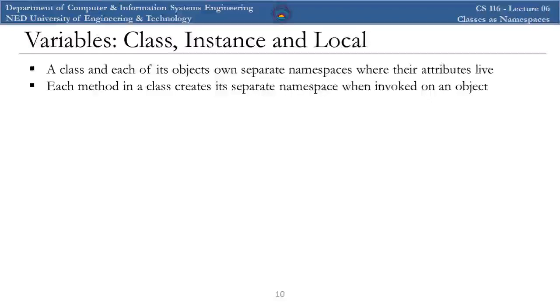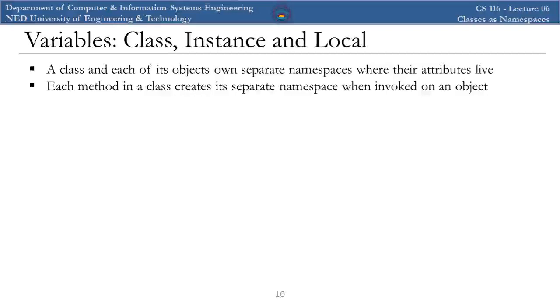Okay, I'll show you more examples on this, but before moving on, let's quickly recap what we have seen so far. That might help you clear some of the confusions. I told you that whenever you define a class, when it executes, a new namespace is created for that class. And whenever you instantiate more than one object, for each object a new separate namespace is created, right?